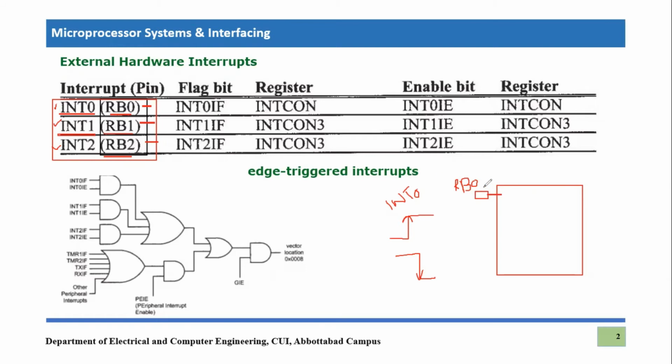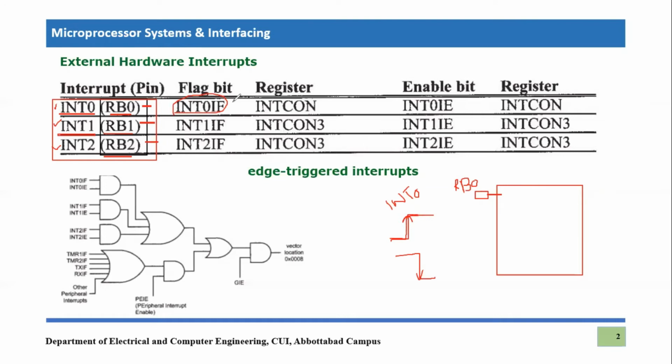As in this example, a sensor is attached to RB0. Whenever this sensor sends a positive edge trigger, meaning a transition from low to high, the corresponding flag, the interrupt flag of external hardware interrupt 0, which is INT0IF, will become equal to 1.